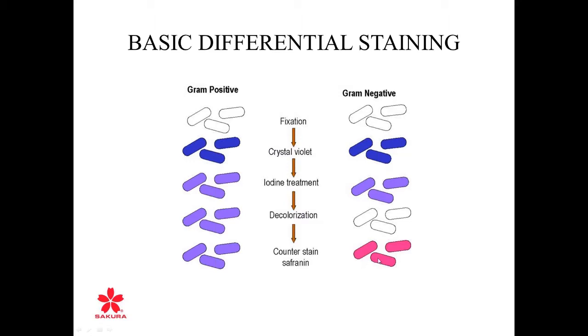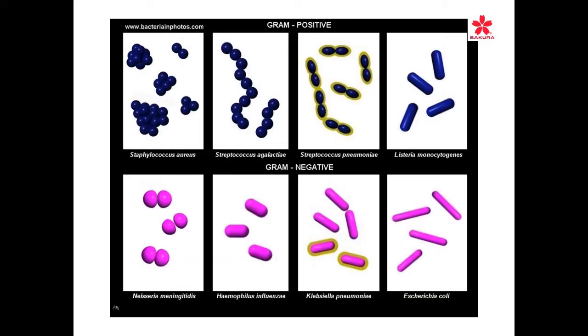And this is very important to clinicians to distinctly decide what type of bacteria this is and provide the adequate form of therapy. So in the next slide, you see a slide that I've taken from a website, just to show gram-positive organisms and gram-negative organisms. And here are some of the very common ones that we see on the top, and some of the very common gram-negative ones that we see on the bottom.